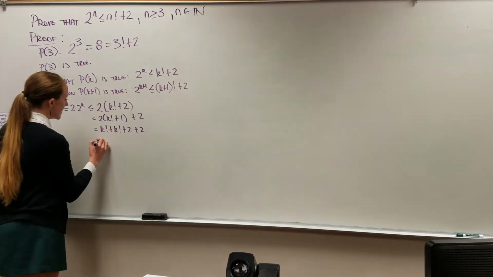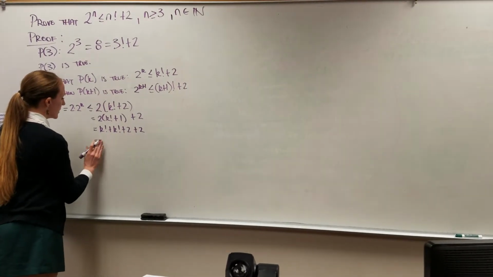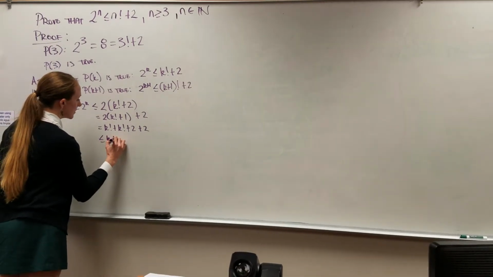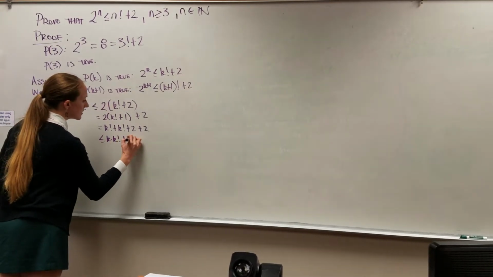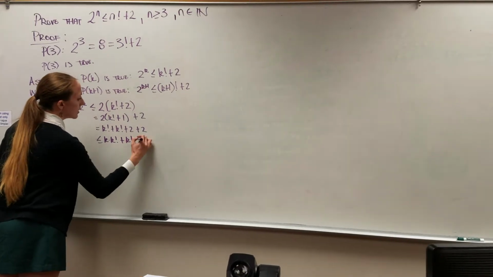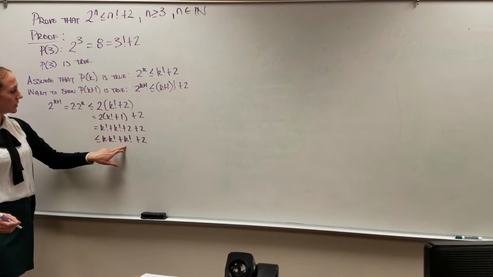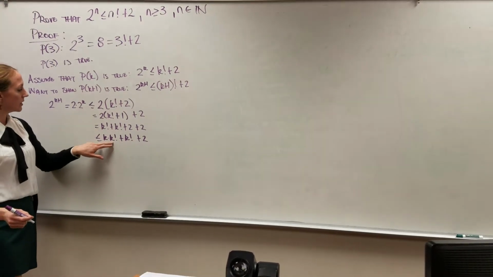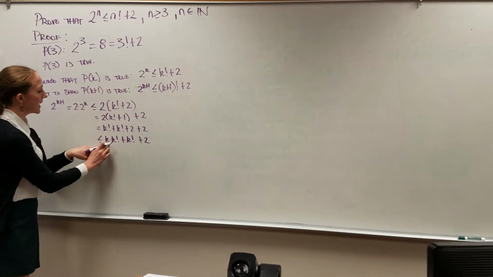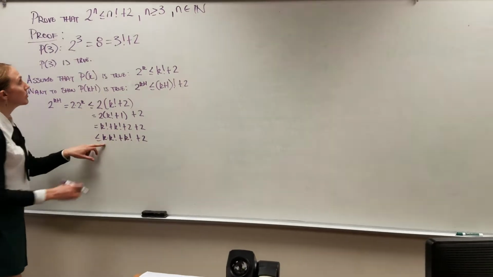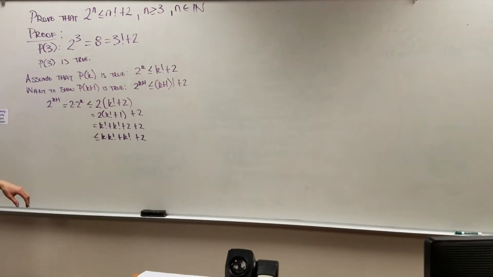Now I can say that k times k factorial plus k factorial plus 2 is greater, because we have a k factorial here, we have a k factorial here, and k times k factorial is always going to be much bigger than this added 2 because we're starting with 3.